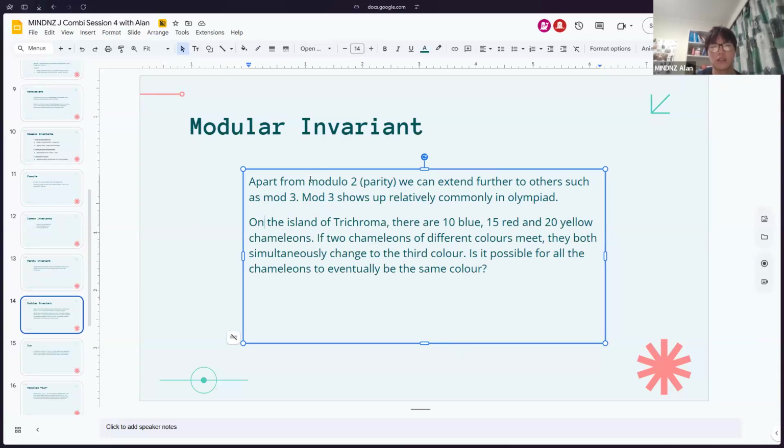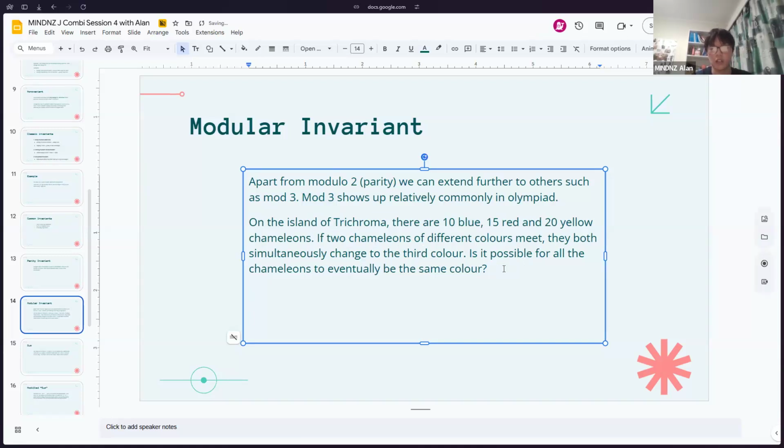So in invariant problems or in combinatorics problems, when we see problems that have 2 and 1, and then they state 3 different groups where 2 can change into the last one, it's usually hinting at modulo 3. And it even says Trichroma in the name, so it wants you to use modulo 3. So we have 2 chameleons of different colors, which change to the third color.